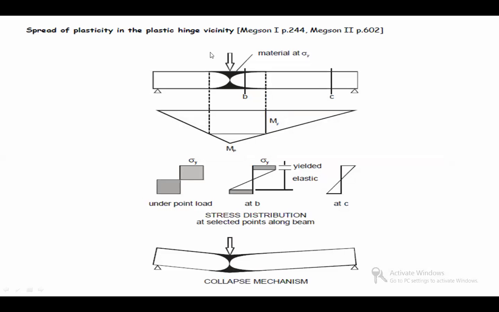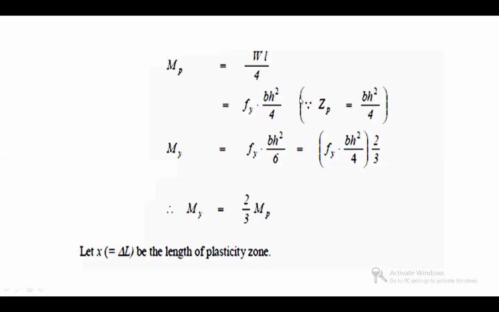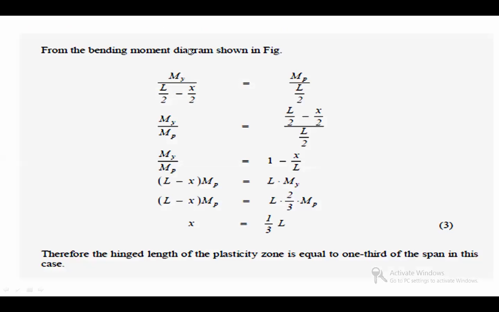As I told, it is nothing but the length of your plastic hinge. So for a simply supported beam with a point load, hinge length is L by 3, and if it is a simply supported beam subjected to UDL, then it is L by root 3.